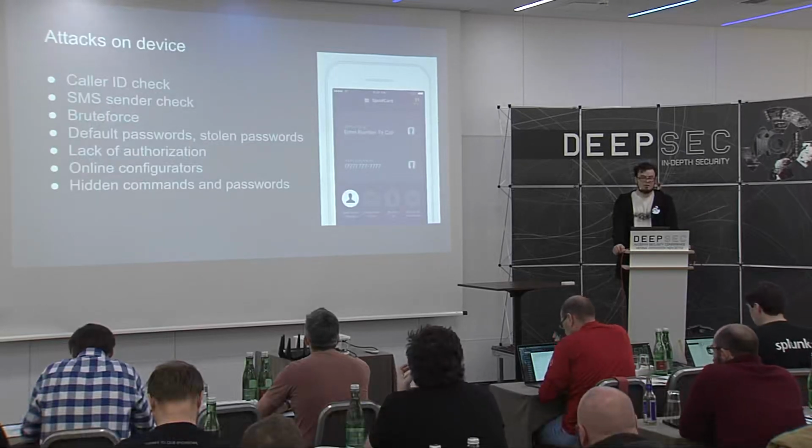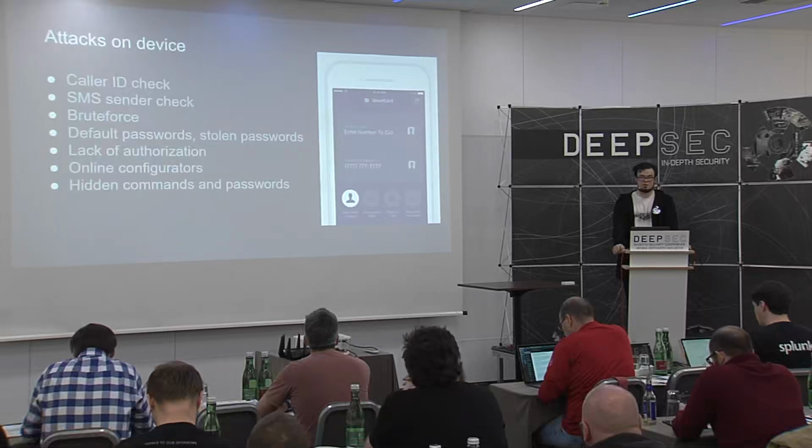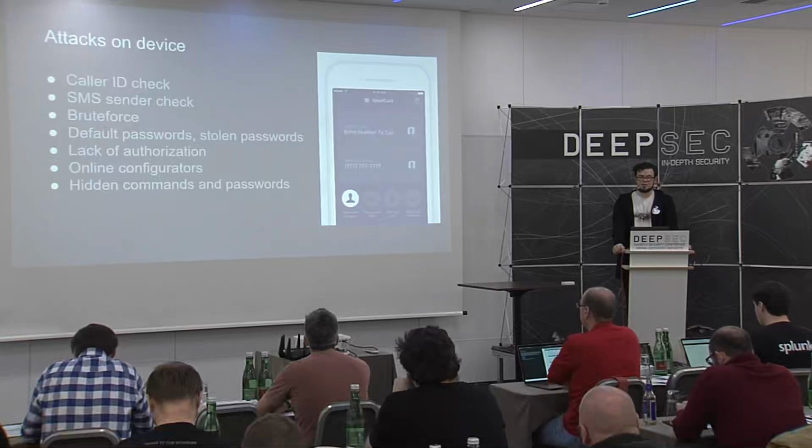And we have some online configuration tools. In the case of different online configuration tools, you can sometimes use a special authorization code. You can just execute the command. Sometimes you can just change the settings remotely.